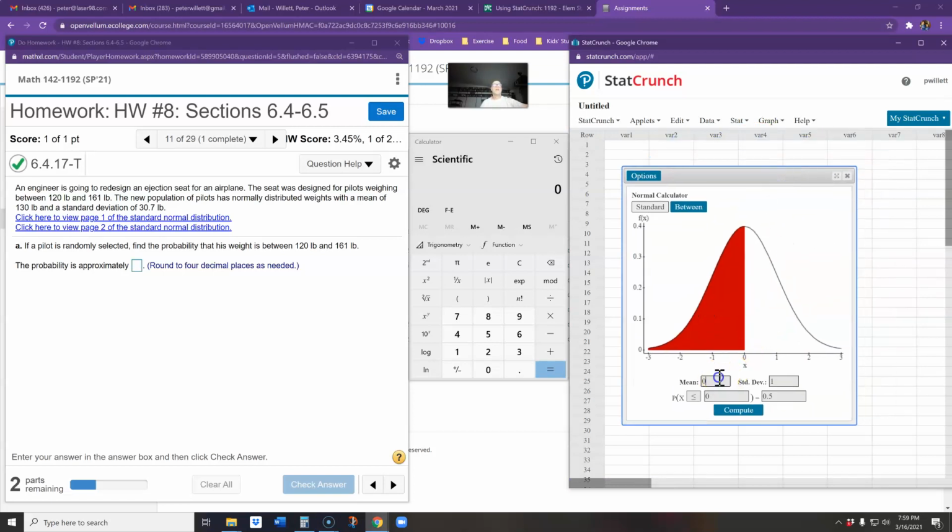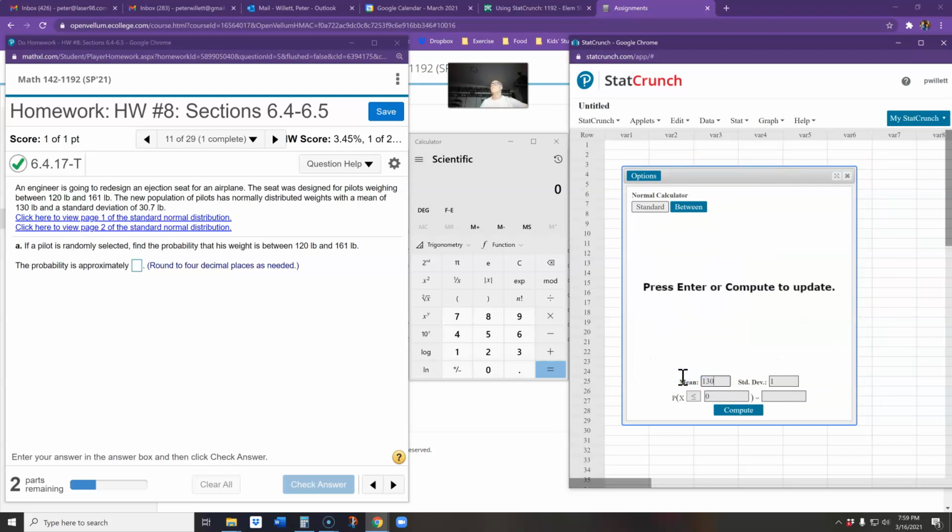So the mean value for our population now is 130 pounds as stated in the problem, and the standard deviation is 30.7 pounds. And we are supposed to calculate the likelihood of being between two values, between 120 and 161.